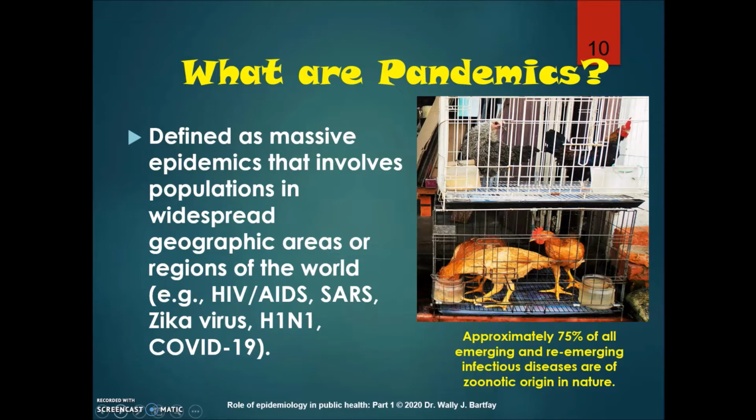What is interesting to note here is that approximately 75% of all emerging and re-emerging infectious diseases are of zoonotic origin in nature, right? Including things like COVID-19 and SARS.